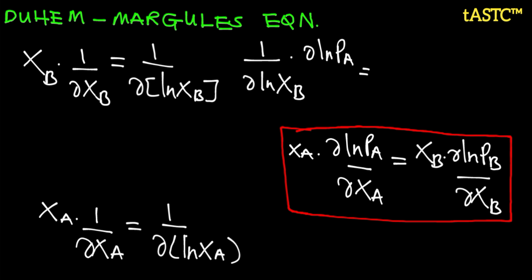And this will be equal to 1 divided by... I made a mistake there. This is actually supposed to be an a. Okay, so this will be d ln x b multiplied by d ln p b.